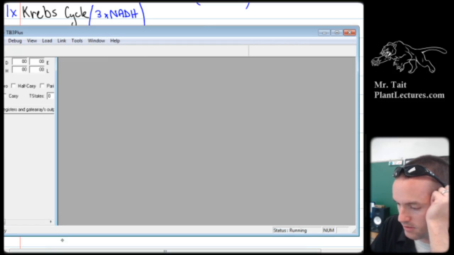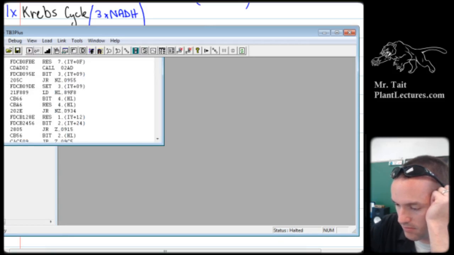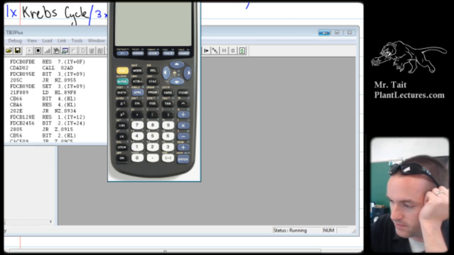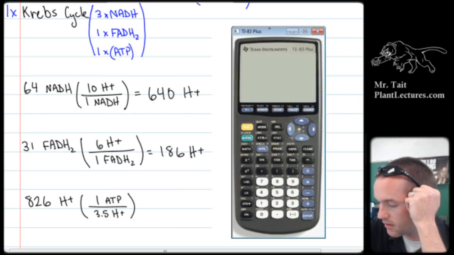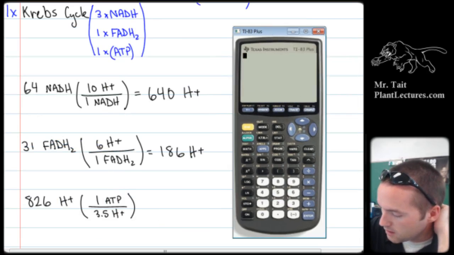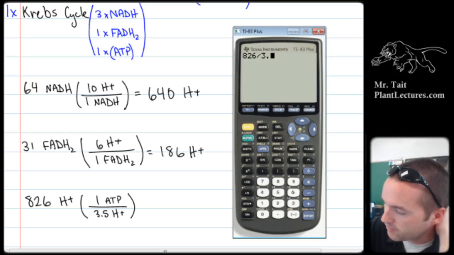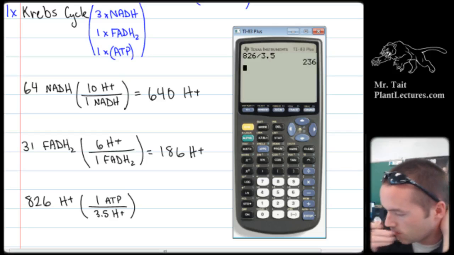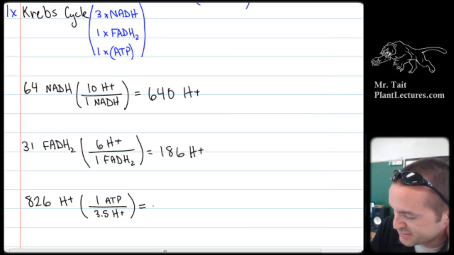That one I can't do in my head. Consult the calculator. So 826 divided by 3.5 is 236 ATP.